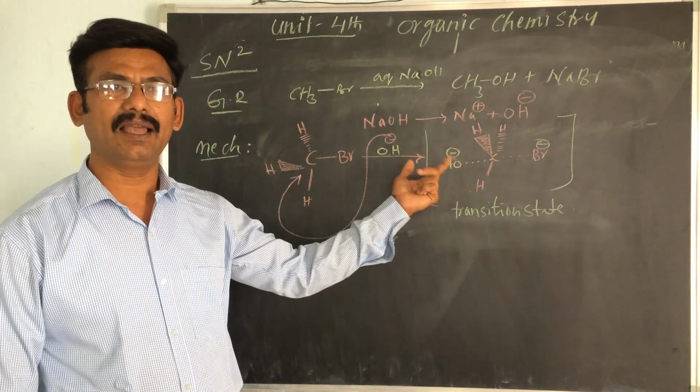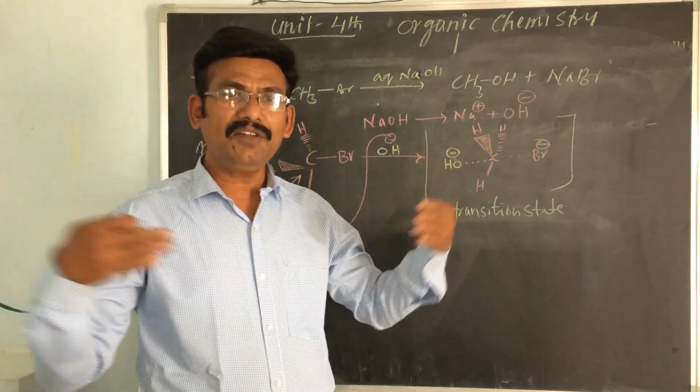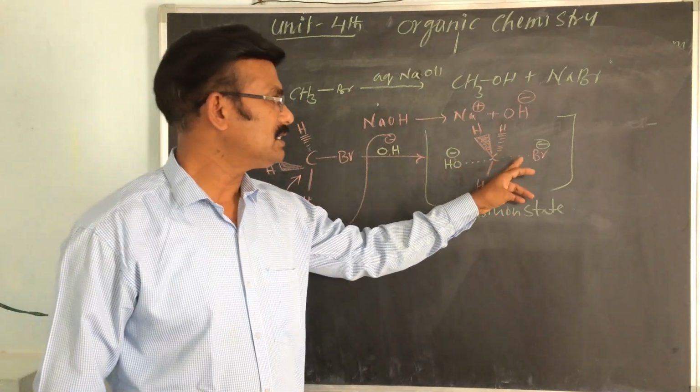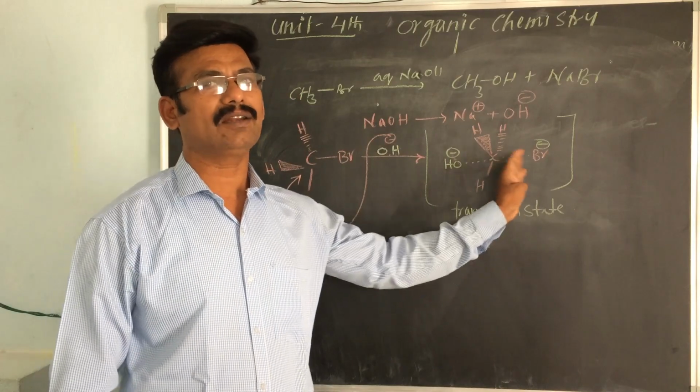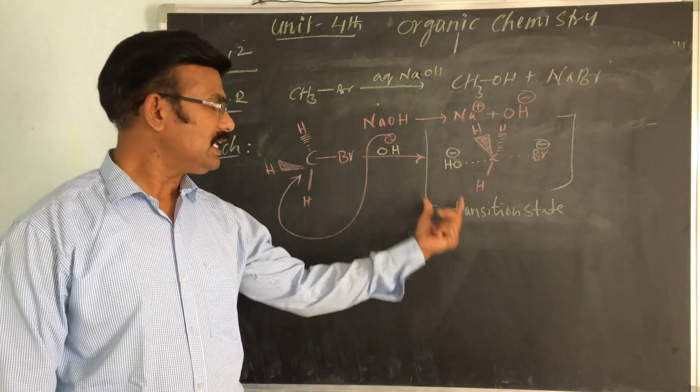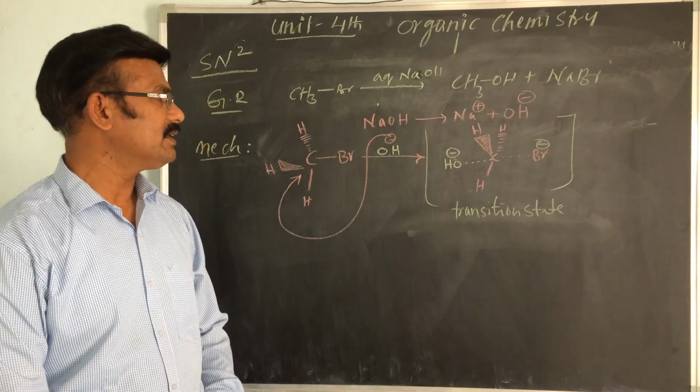The OH shares electrons with the carbon atom, and the C-Br bond is breaking, with two electrons taken away from the carbon atom. So this stage is called the transition state.